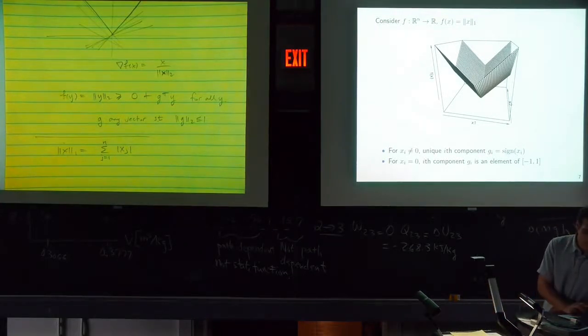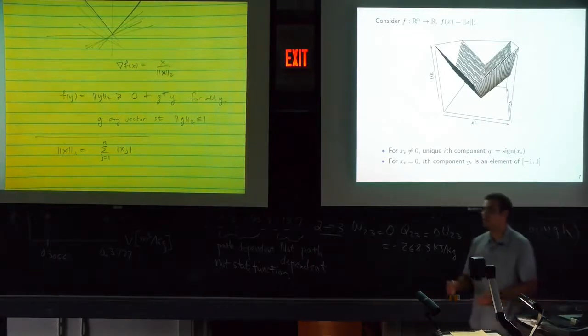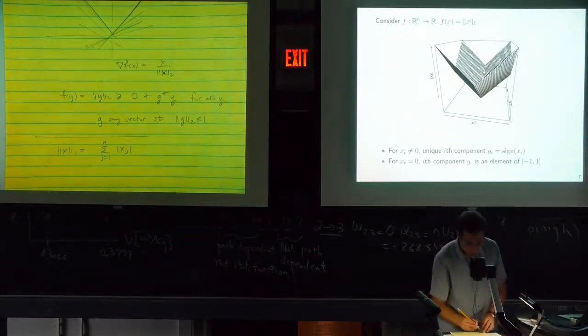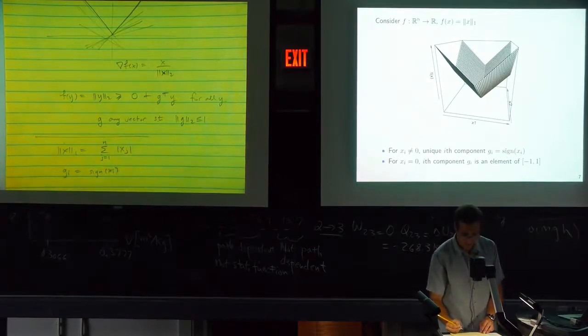So the answer is, and you can check this, either via geometric intuition again, or just look at the definition, that if I ask for a subgradient for any vector at any point x, then if the ith component of x is not 0, then the ith component of my subgradient, gi, is just the sign of xi.